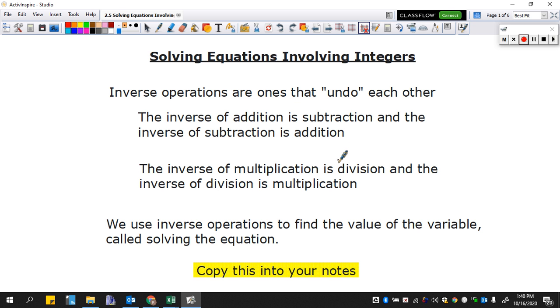And we use these inverse operations to find the value of the variable, or what we generally call solving the equation. When we solve an equation, we're trying to find out what the value of the variable is in that equation. So pause the video and copy this into your notes.